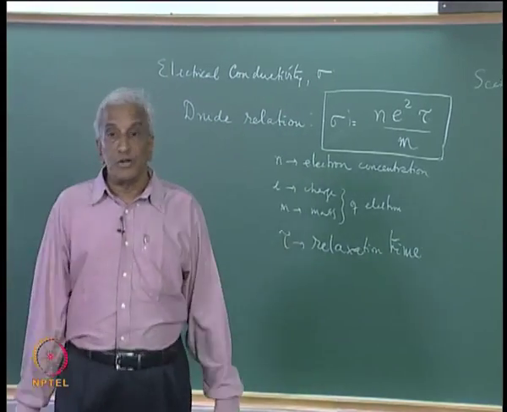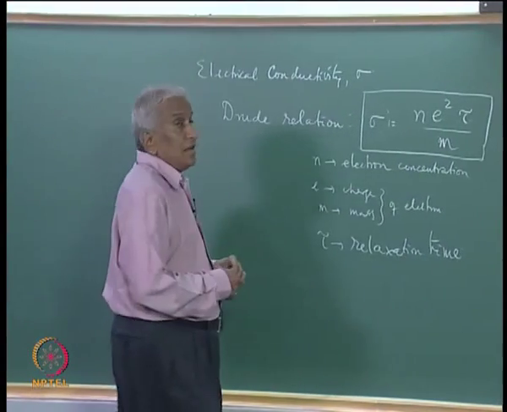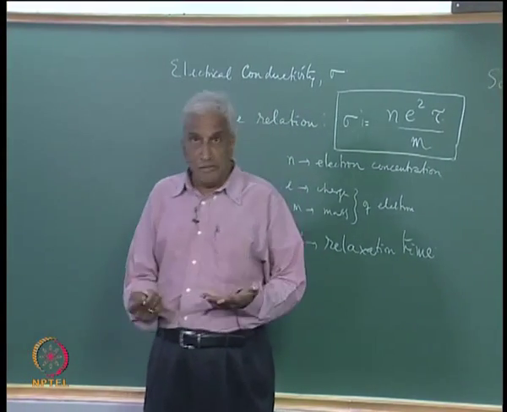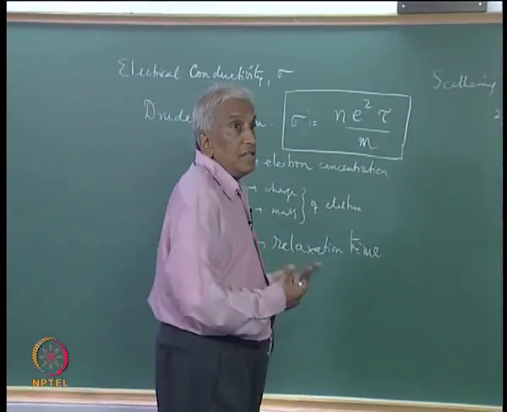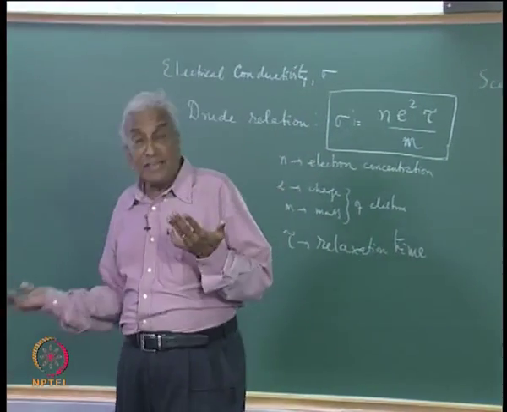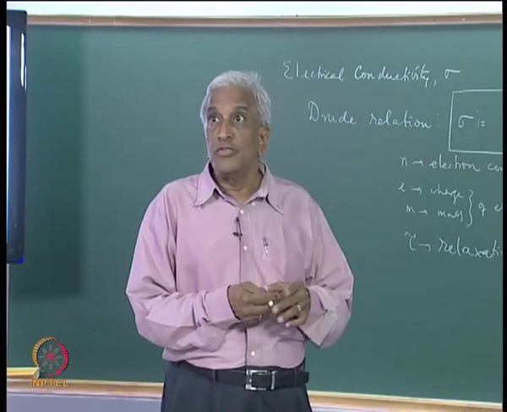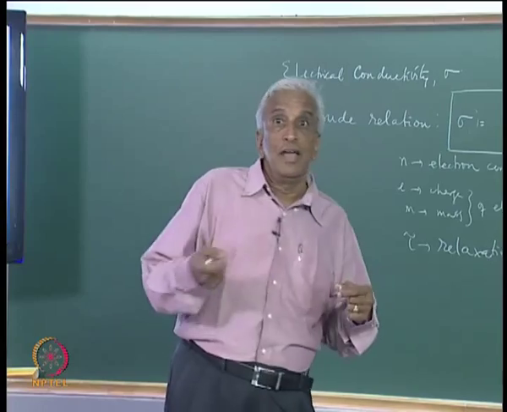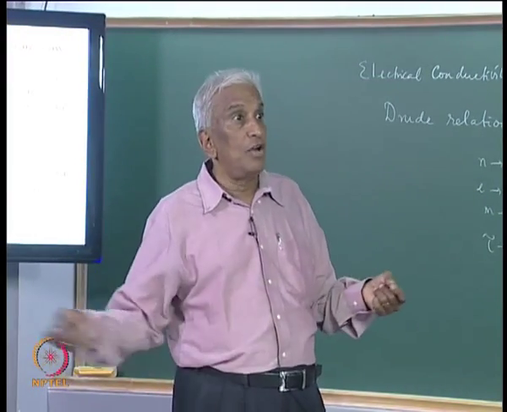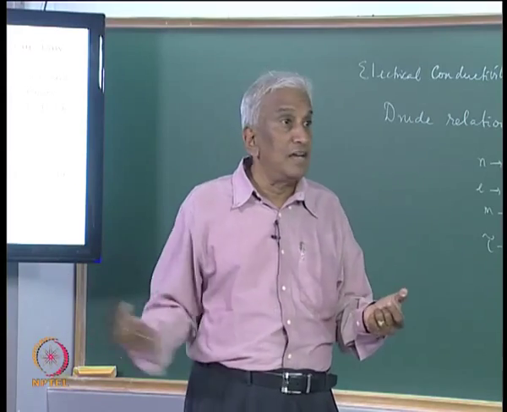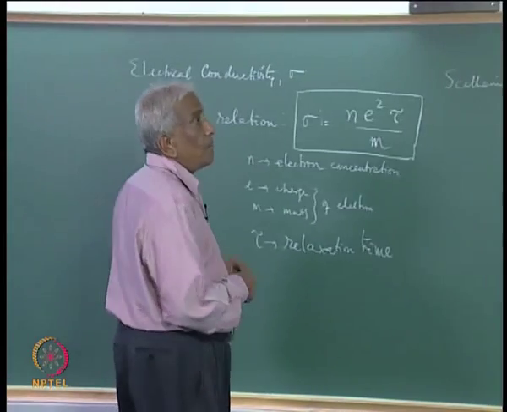Now, we will pass on to another important and interesting characteristic of a metal, namely thermal conductivity. We all know that a good metal is not only a very good conductor of electricity, but also a very good conductor of heat. That is why we are unable to hold a metallic rod which is being heated at one end, even if the rod is a very long one, because the heat is conducted down the metal and it heats up our hand.